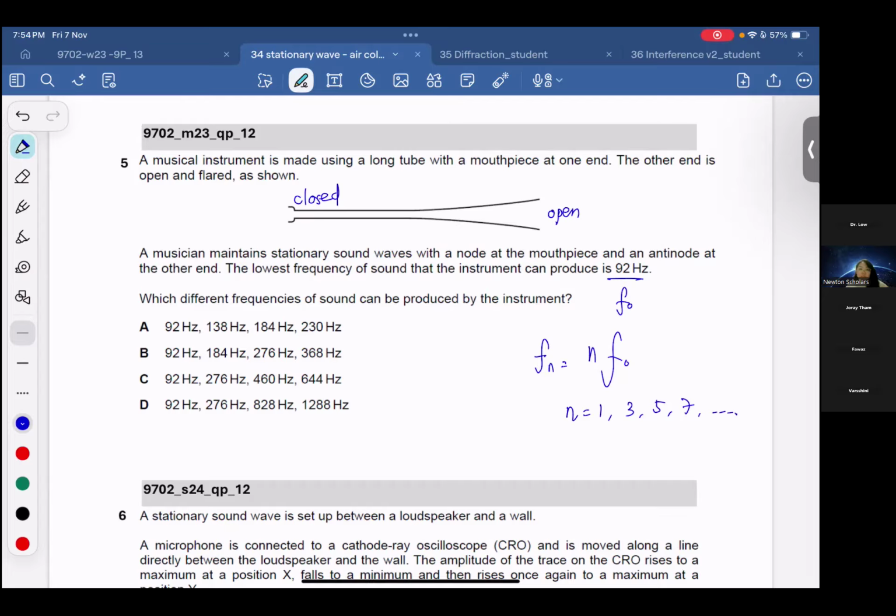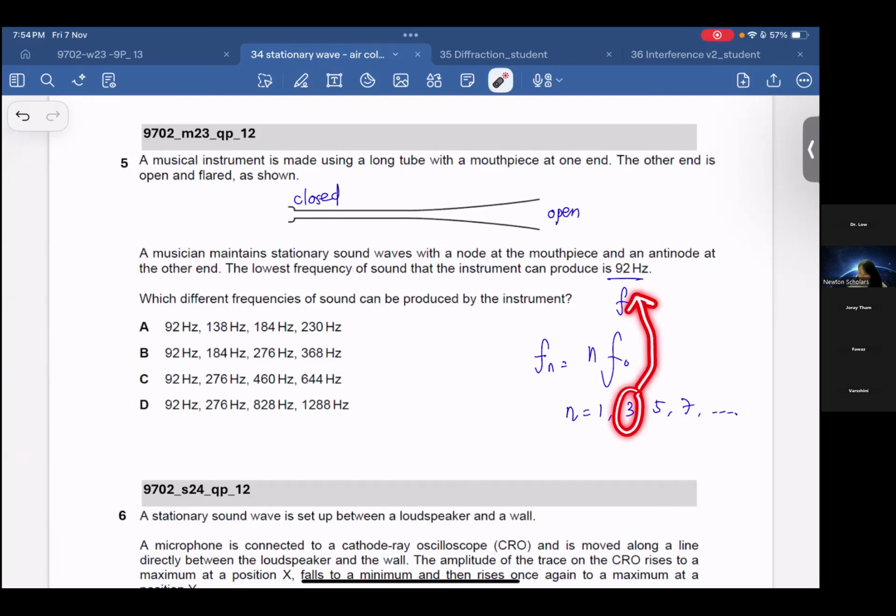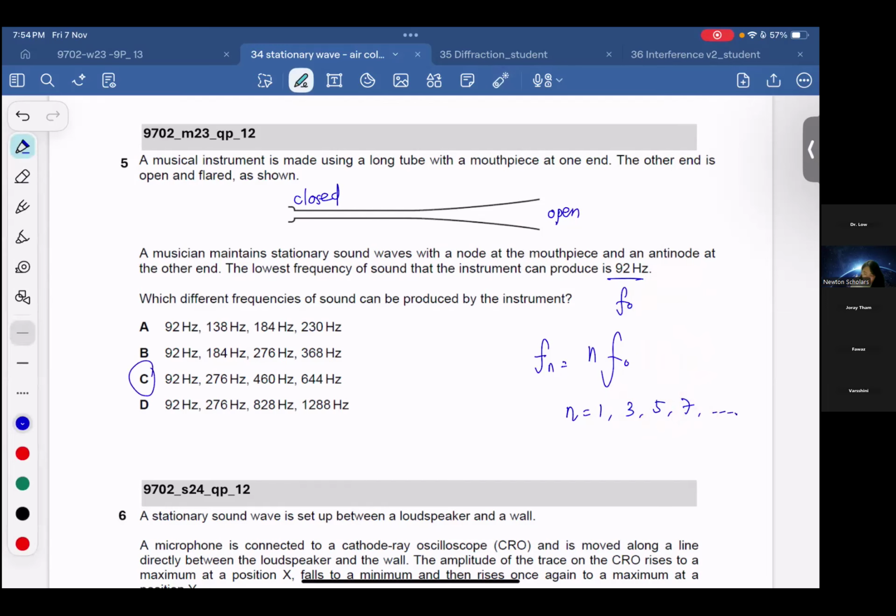The frequency at 92. The next frequency you can detect should be... Fawao, correct. So boys and girls, the next frequency that you should get is 3 times 92, 5 times 92, 7 times 92. So your answer should be C.